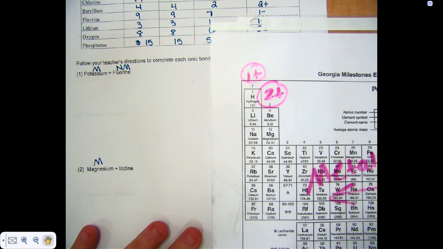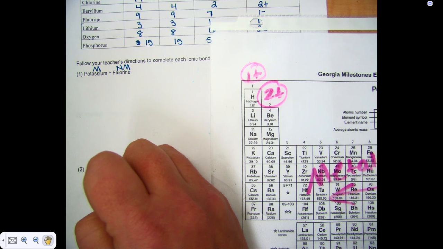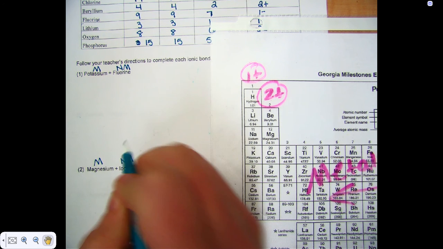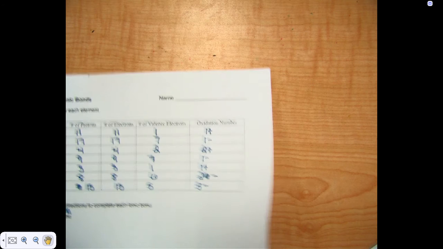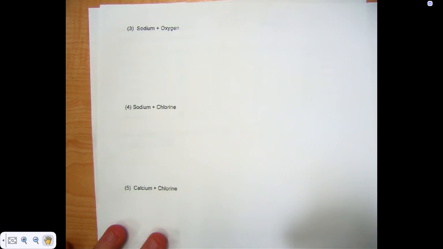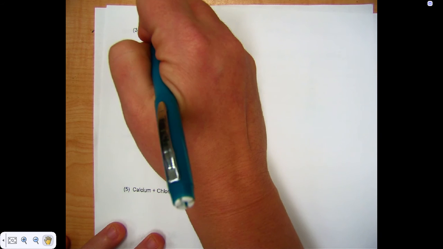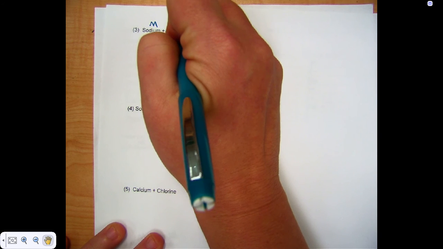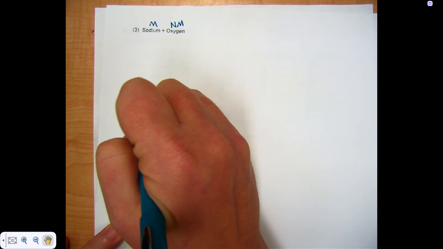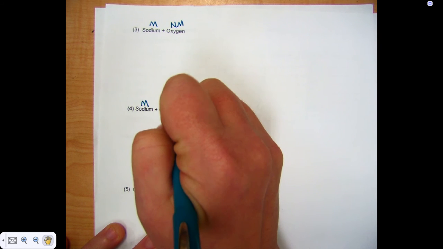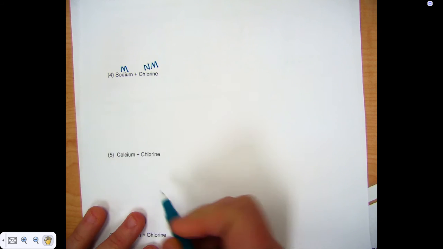Iodine, when you look at your periodic table, it's over on the right side, so it's a non-metal. Go to the separate page. Sodium is on the left, so it's a metal. Oxygen is a non-metal. Sodium again is a metal. Chlorine's a non-metal. Calcium is a metal. Chlorine is a non-metal. This is a metal, and then chlorine is a non-metal.